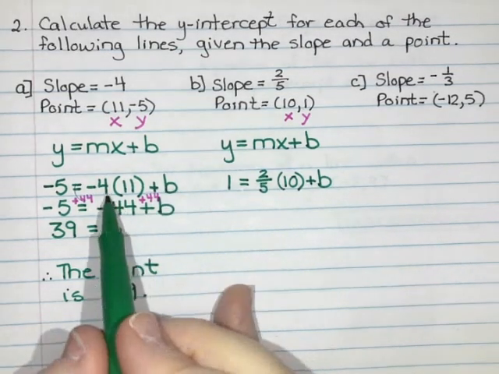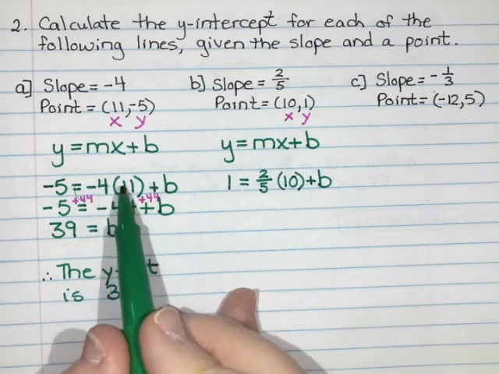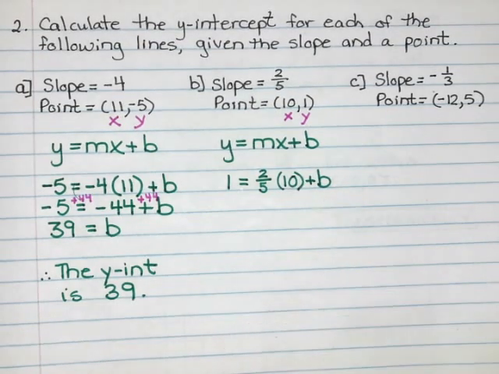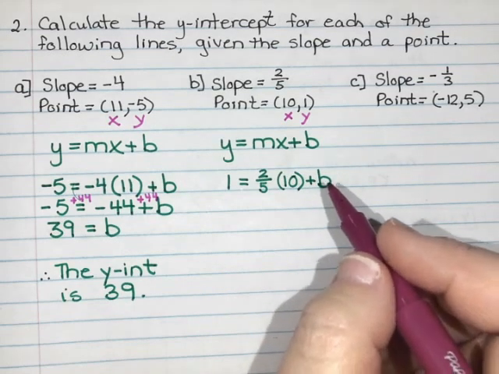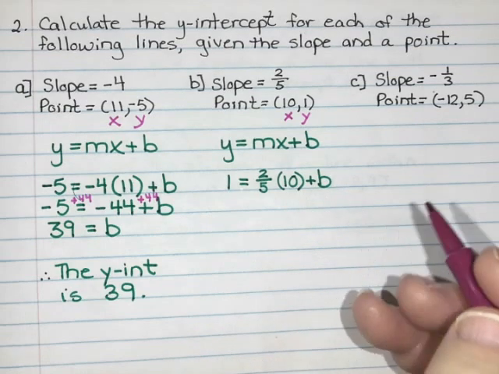Okay, so in the previous one, our next step was to multiply the m and the x together, right? We multiplied those two numbers. That's what we need to do here. Now, when I multiply fractions, we do top times top, bottom times bottom, or numerator times numerator, denominator times denominator. So the problem is that 10 has a numerator, but it doesn't have a denominator.